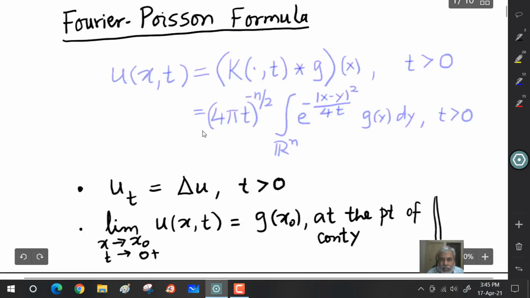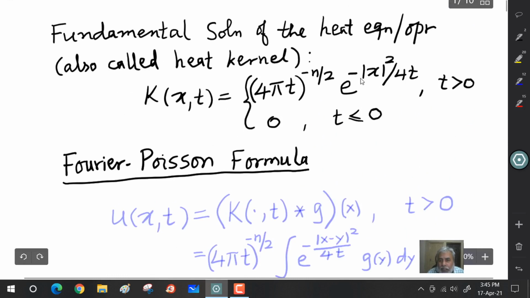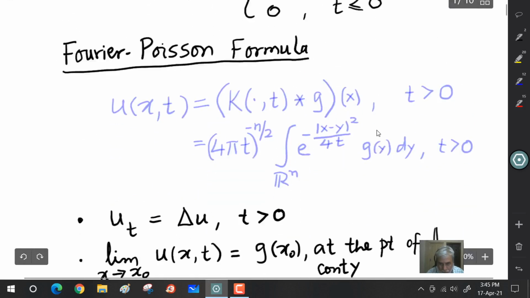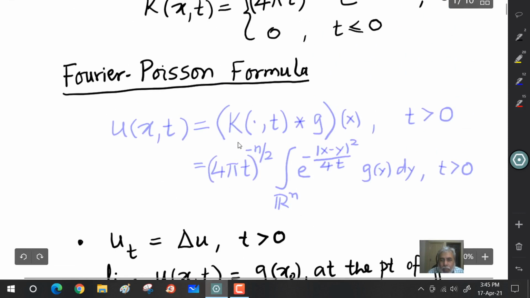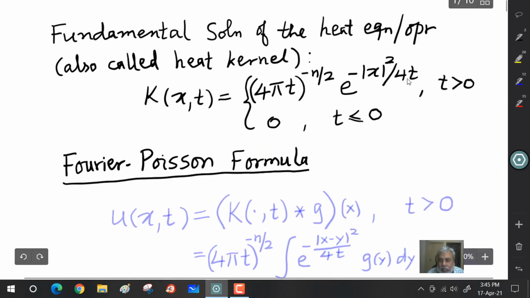And if you look at this exponential factor, say norm x square, this is the standard norm in Rn. Okay. So K is symmetric with respect to X, and K is a C infinity function because we know that the exponential is a C infinity function, and since we are restricting to T positive, all these quantities are C infinity functions, so is their product.